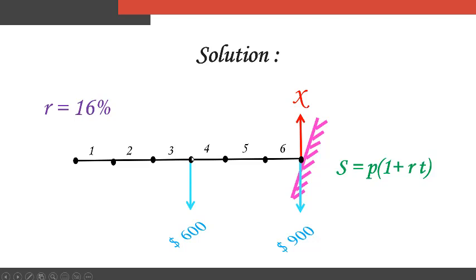Note that the 3 months is the distance between the maturity date of $600 and the focal date: 1, 2, 3.